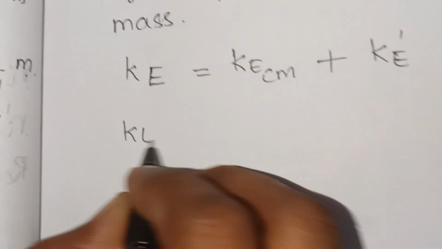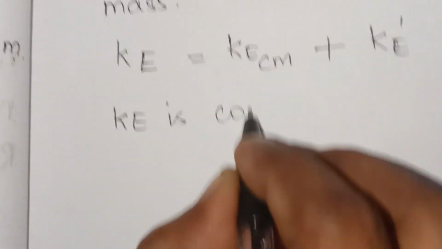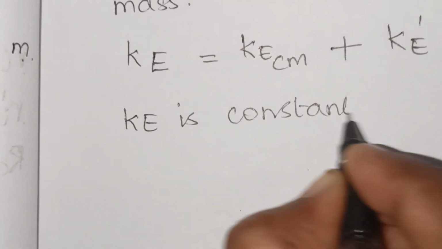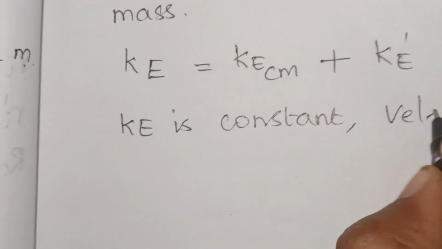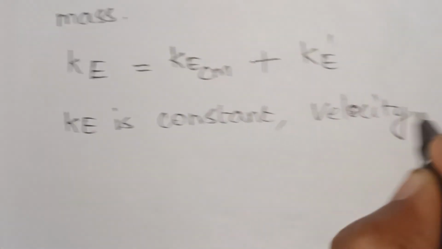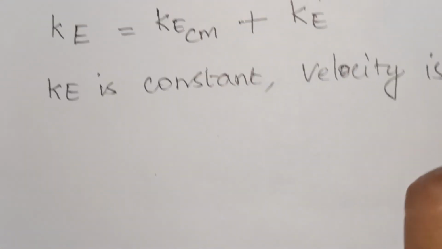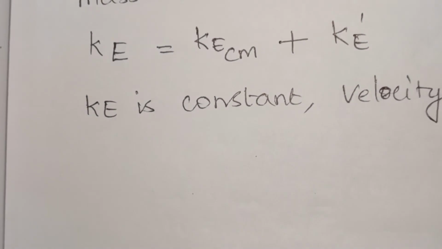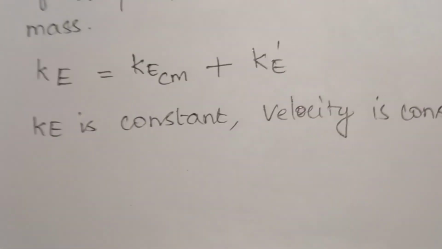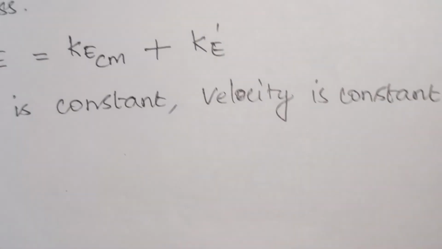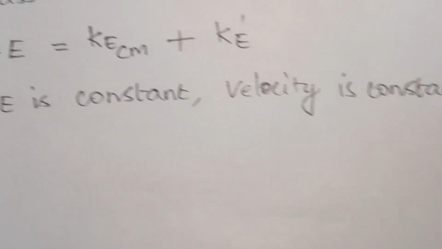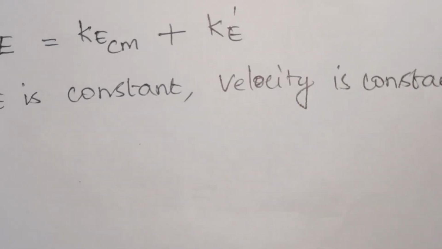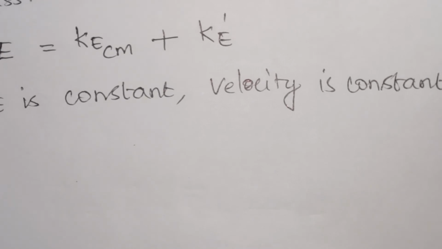Kinetic energy is constant when velocity is constant. Then kinetic energy is also constant. This derivation is for the kinetic energy of a system which has n number of particles.